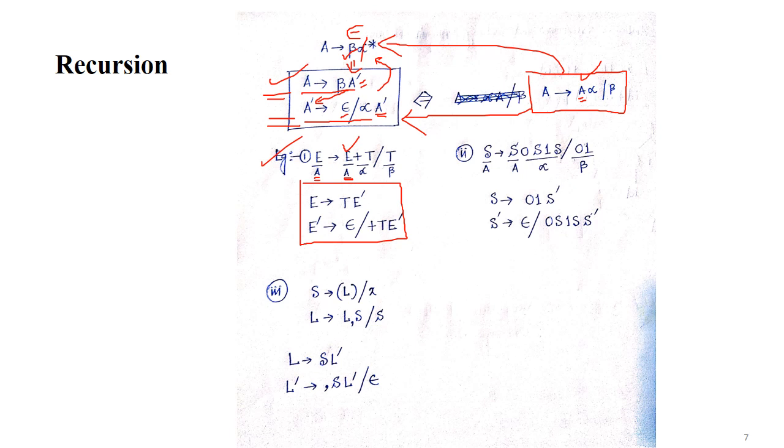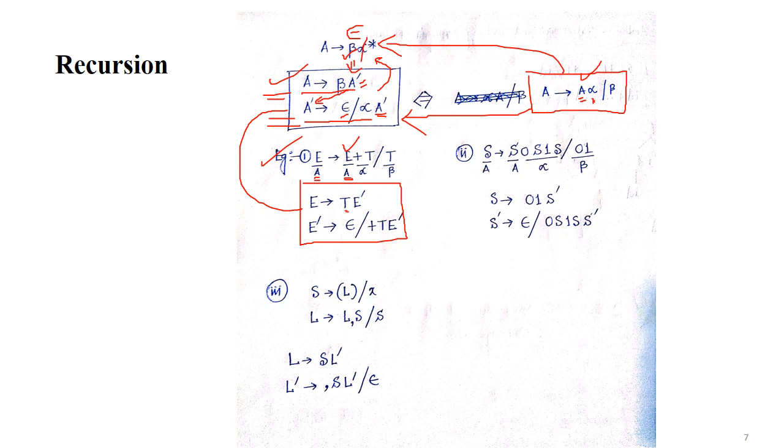So compare these two grammars: A alpha, here plus T is your alpha. Then beta is your T. Now write in the form of the modified grammar. E is equal to T E dash. Why T here?